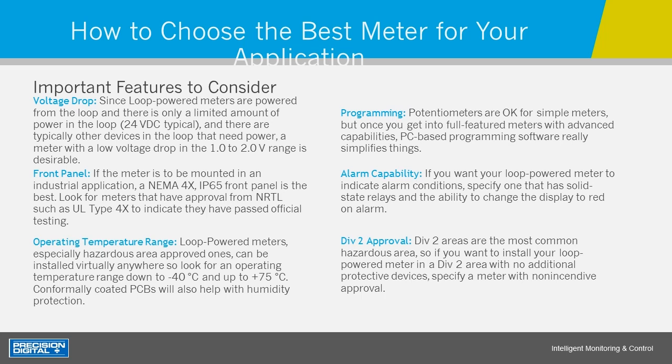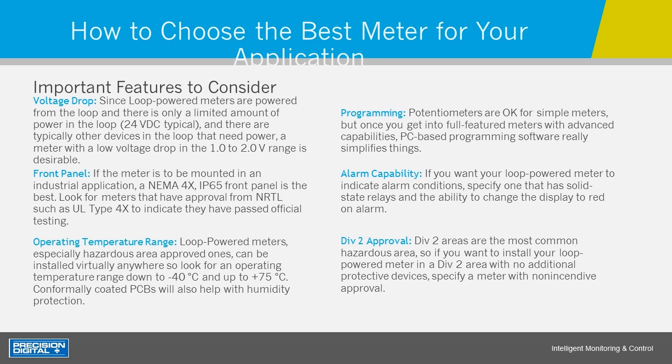Most meters only spec themselves down to 0, maybe -10, maybe -20. But you don't see them out there at -40. So if you're in a cold weather environment, be very aware of what that low temperature range is anytime you're working with any device that has an LCD on it, but specifically with loop-powered meters because they're not going to self-heat at all.